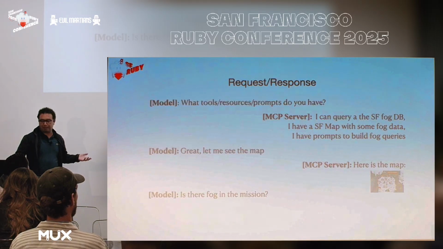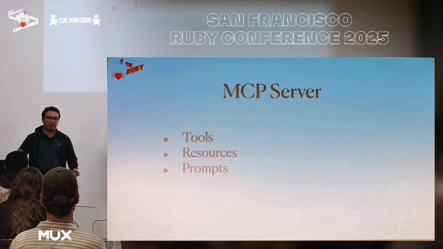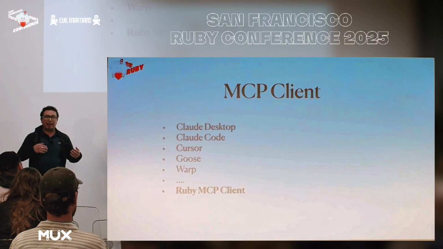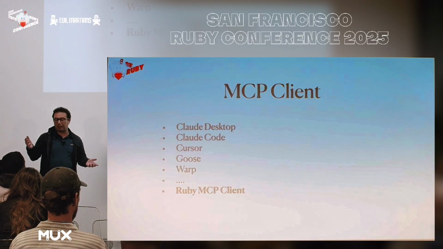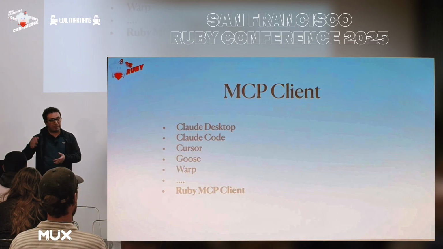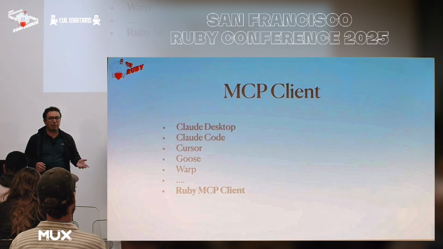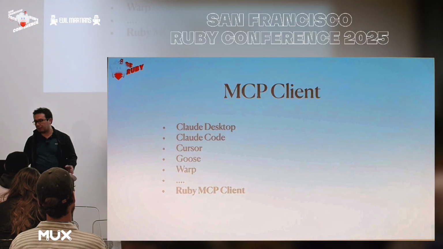And like Pavel and Brandon mentioned, the MCP server has tools, resources, and prompts. And then on the other side, there needs to be software that connects to those servers. In this case, there's an MCP client, and that can be either Claude Desktop, Claude Code, Cursor, Warp, or of course, the Ruby MCP client.